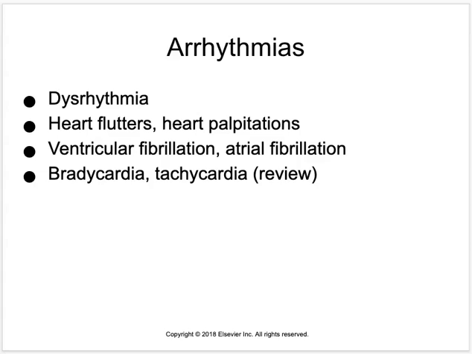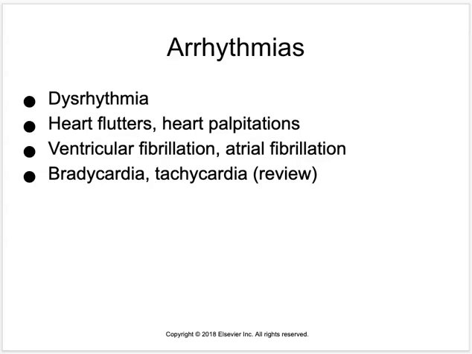Then we have ventricular fibrillation. Ventricular fibrillation is a severe cardiac arrhythmia in which the ventricular contractions are too rapid and uncoordinated to be effective for blood circulation. So ventricular fibrillation is a severe cardiac arrhythmia in which the ventricular contractions, the bottom half of the heart contractions, are too rapid and uncoordinated to be effective for blood circulation.